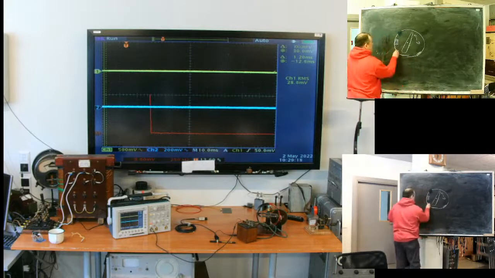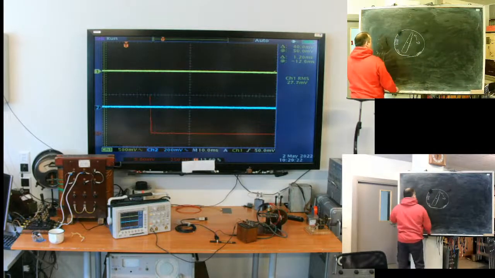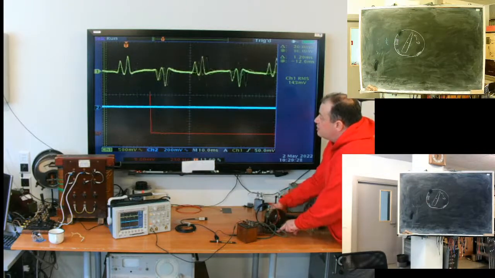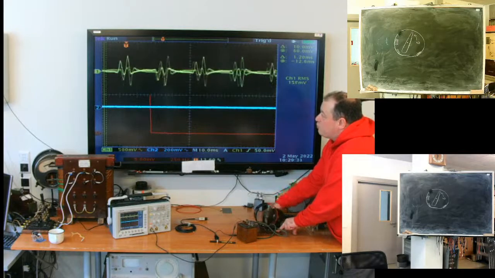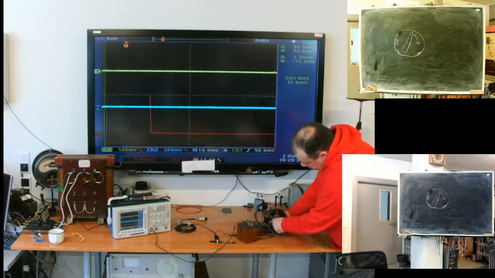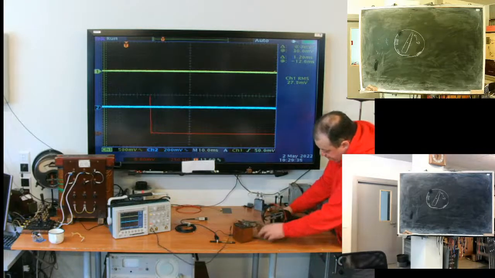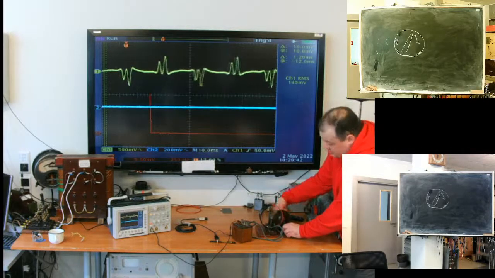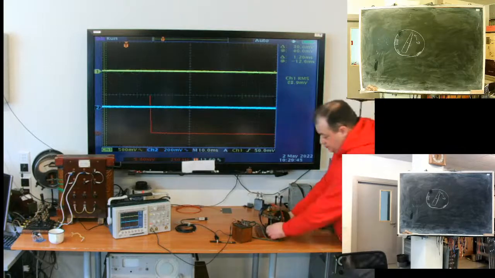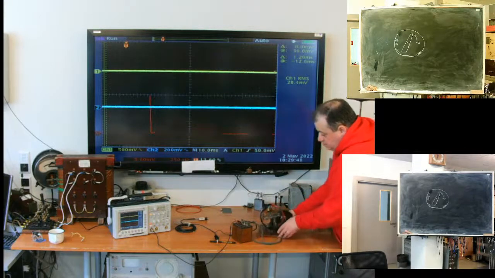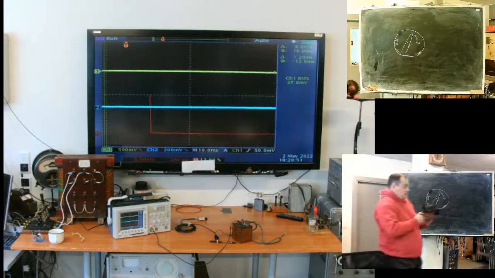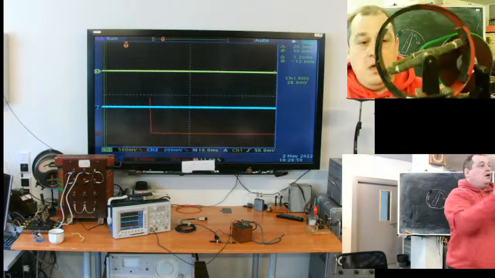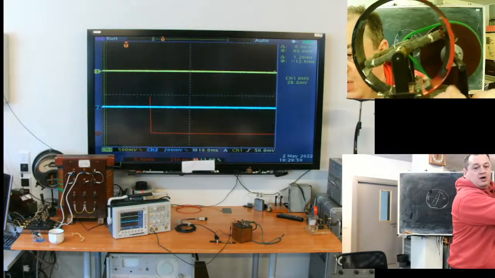I have put here, very near, an additional magnet. They are very close. And you see what happened with these two waves. See what happened with the voltage curve. Here it is. 1 and 2 magnets near. Here they are.